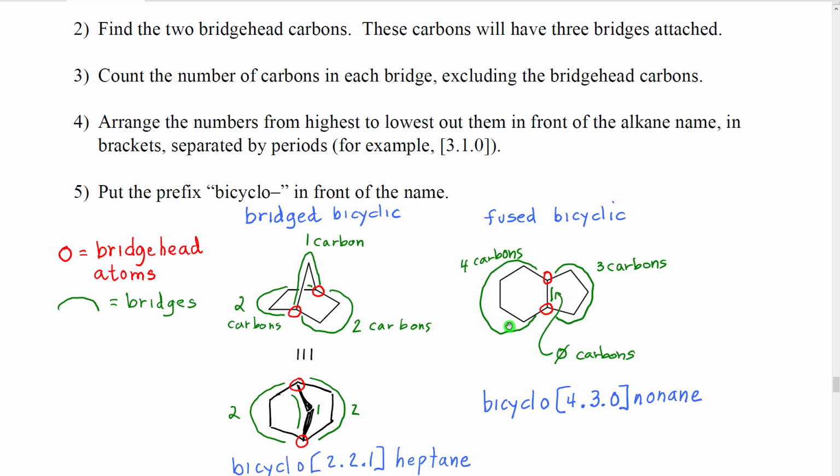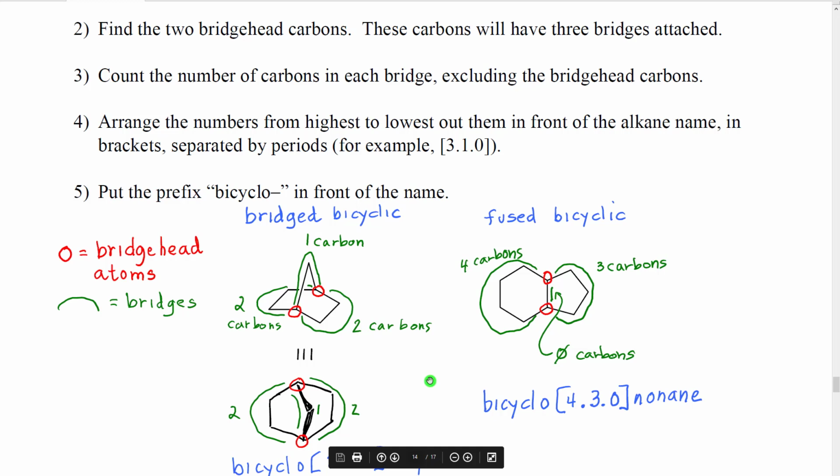In a bridged bicyclic, it's a little harder to identify until you're accustomed to it. But basically, if we look, although we call this a bicyclic molecule, really it has 3 rings. It has a 5-membered ring here on the left, a second 5-membered ring on the right, but then kind of underneath those 2, there's a 6-membered ring here. So really there's 3 rings.